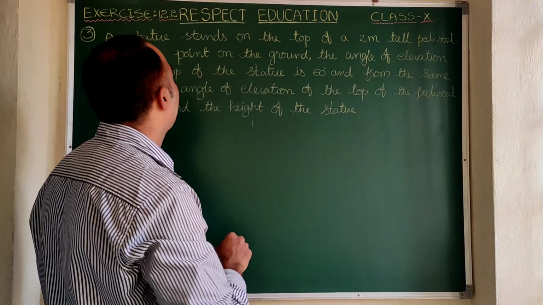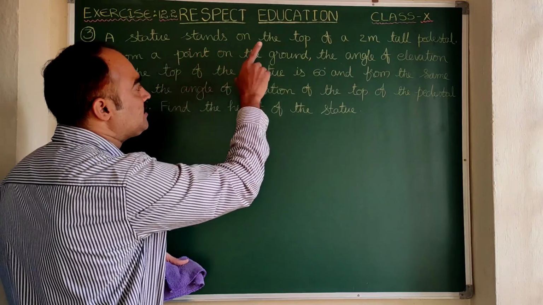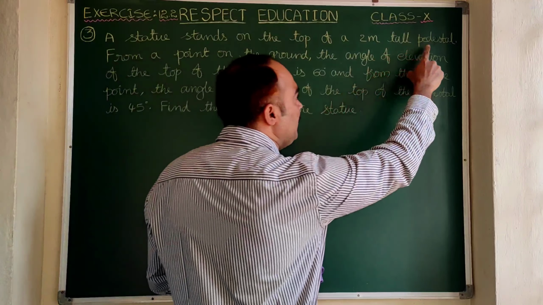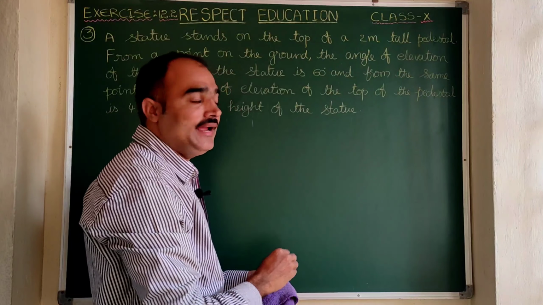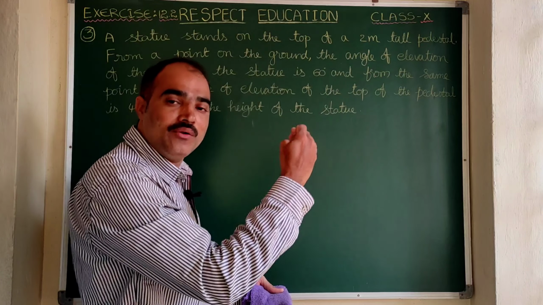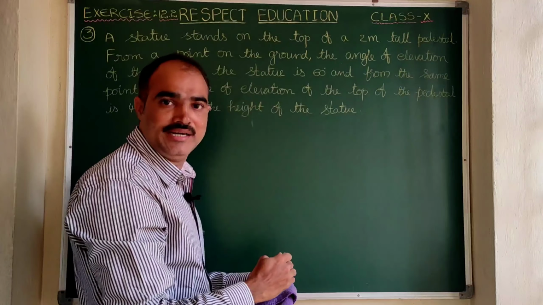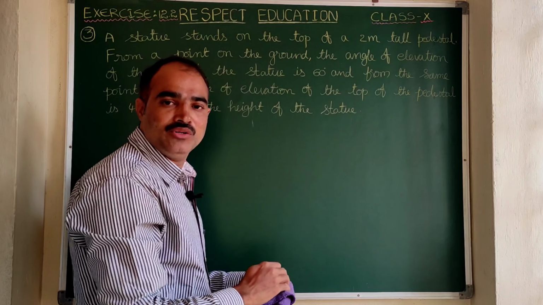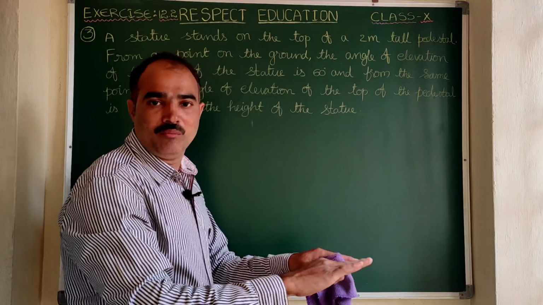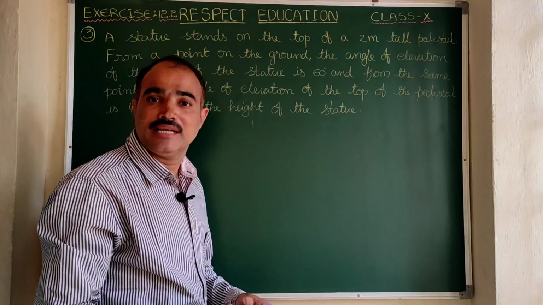Actually here, a statue stands on the top of a 2-meter tall pedestal. The meaning of pedestal is that it is a base or support on which a statue is mounted. For example, in our kitchen you might have observed there is a platform on which the gas stove is kept.